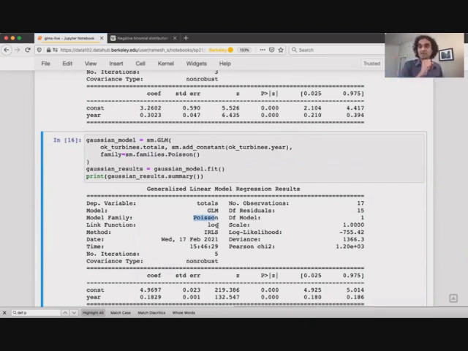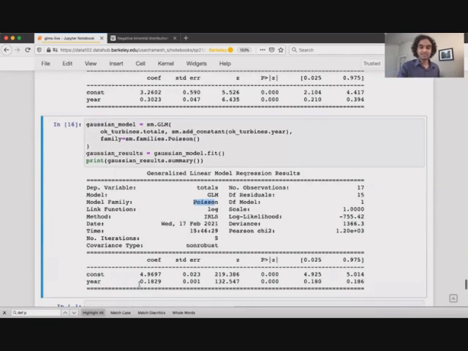Remember, the link function is the inverse of what we do to beta x. We take the exponential of it, so the inverse of that is log. And we can see that here the coefficient on year is 0.183, again very similar to what we saw in the Bayesian setting. The standard error is also extremely small, which means that this frequentist model is also super confident about that coefficient.